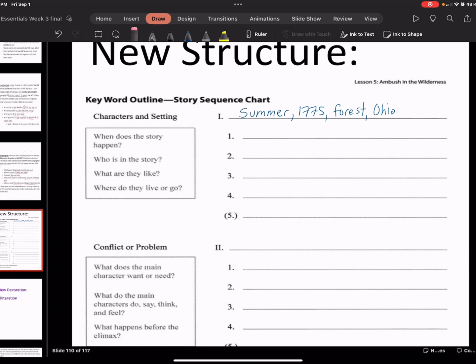Okay. That is a terrible R, y'all. Let's try that one more time. There. Okay. Who's the first person that we hear about? General Braddock. With who? The British Army.